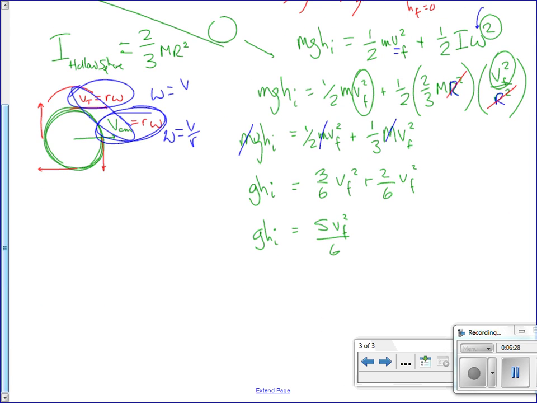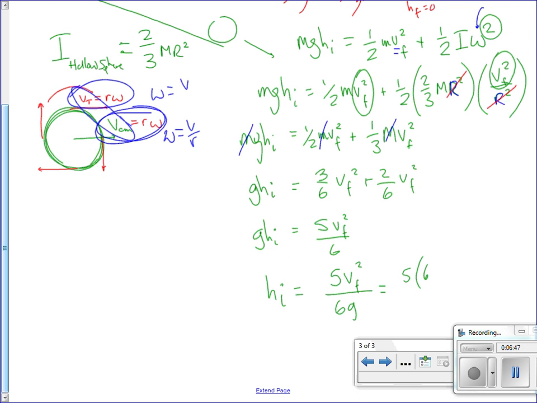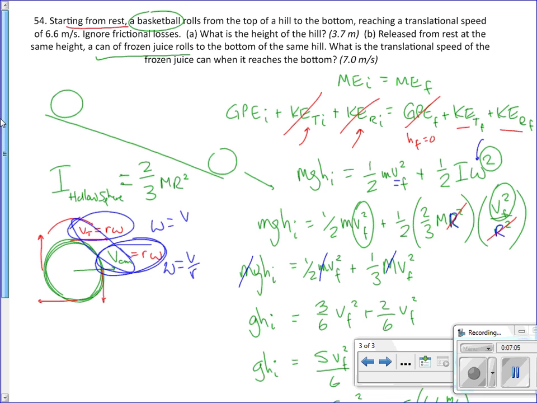So the height of the hill is 5 VF squared over 6g. Don't forget to square. 200 divided by 60 is 3.7, I buy it.